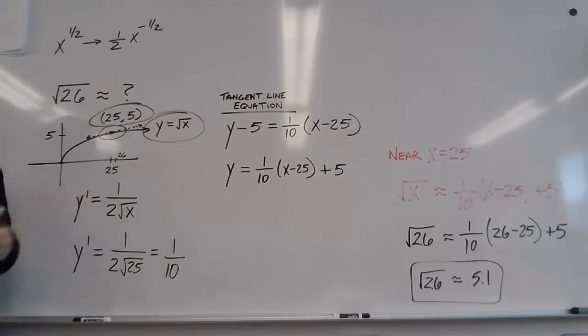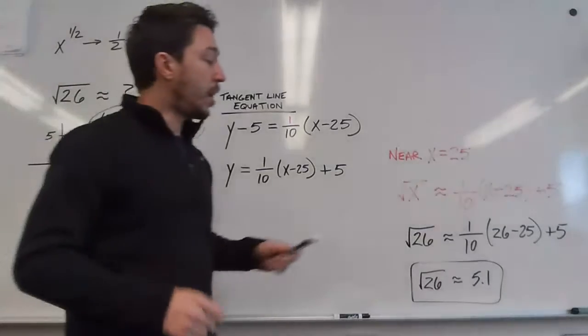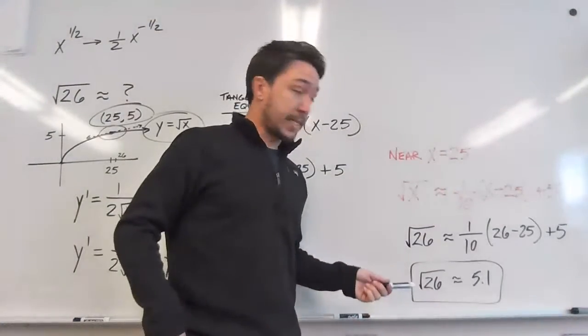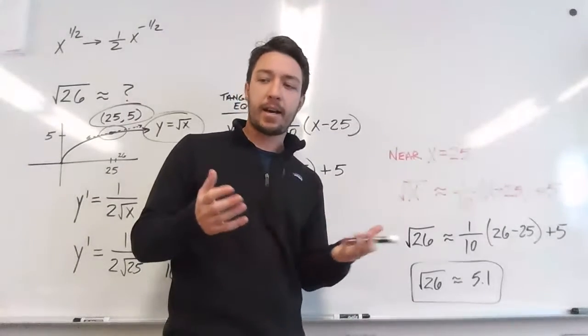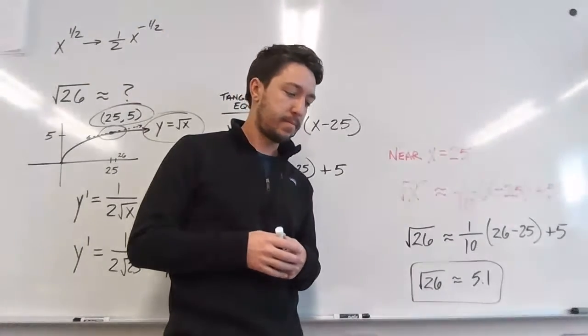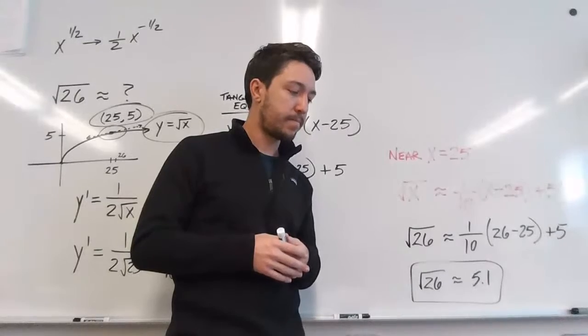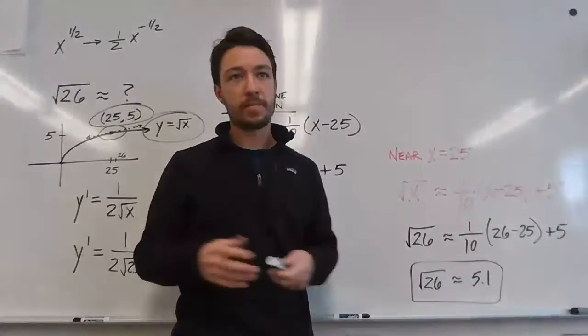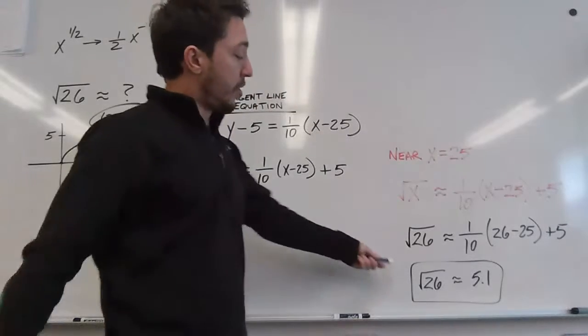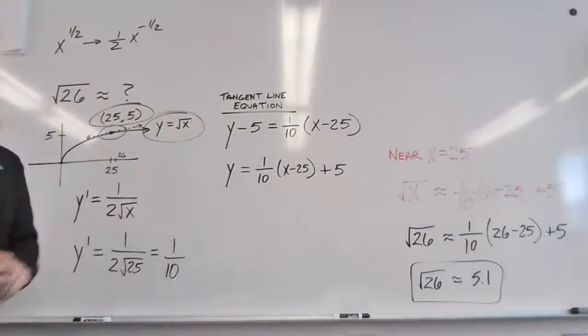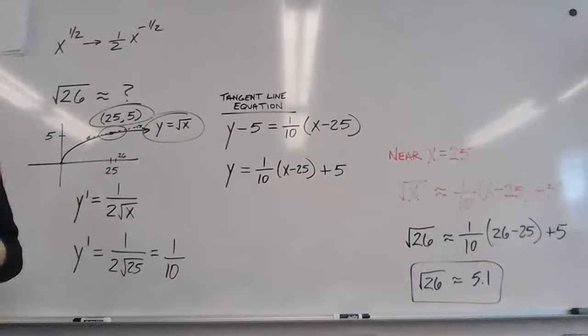It's called a Taylor expansion or a Taylor approximation. That's a huge thing in mathematics, taking weird functions like e to the x or sine of x and writing them as a polynomial approximation. But anyway, there you go. So 5.1 is the best approximation you can get for that.